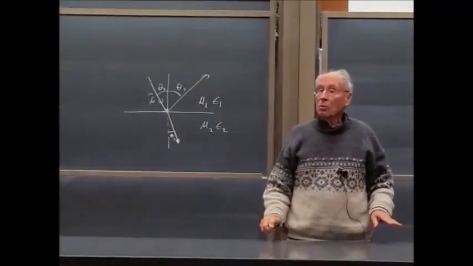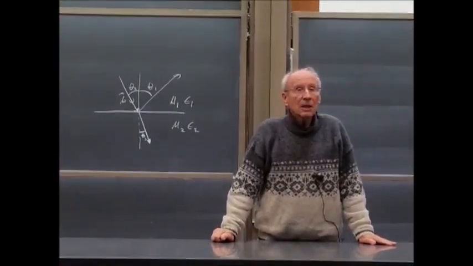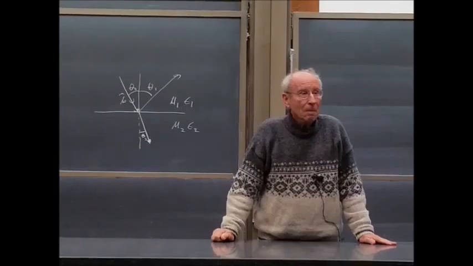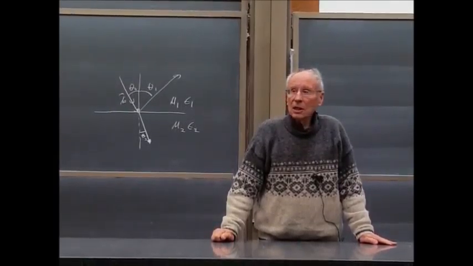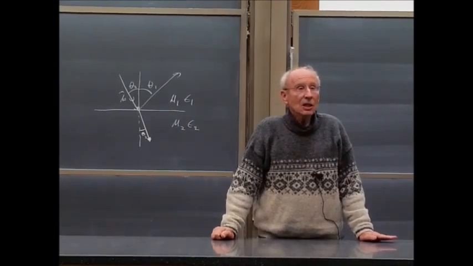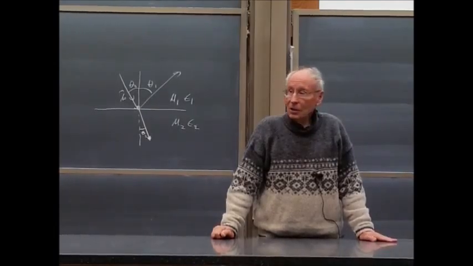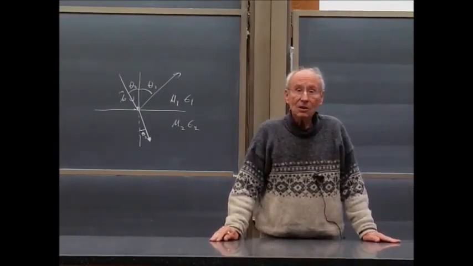And now, what we want to do is figure out what will happen at that interface. Specifically, we'd like to know the angles, theta 1 and theta 2, and the fraction of the incident energy that gets transmitted and the fraction that gets reflected. If we've got those, we've solved everything there is to do with that interface.